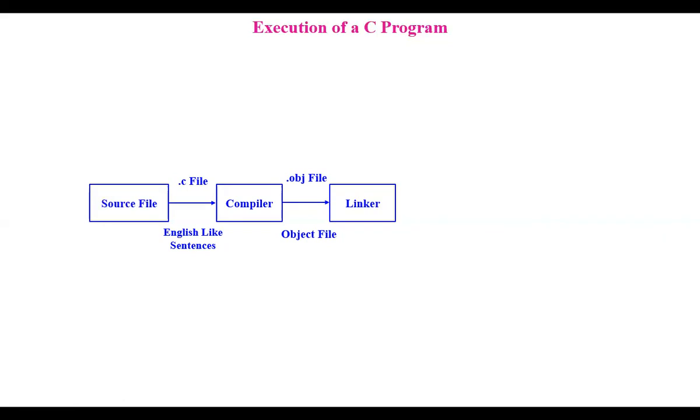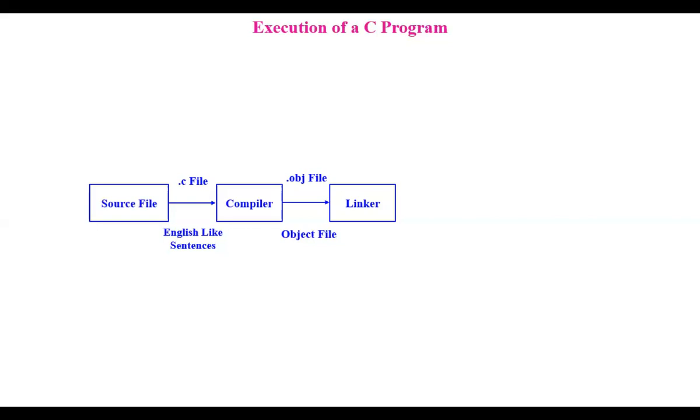We have seen in the previous modules that different header files are included in our program. While writing the program itself, in the beginning, we include some header files. These header files contain some functions.